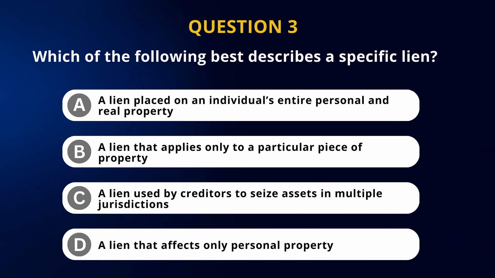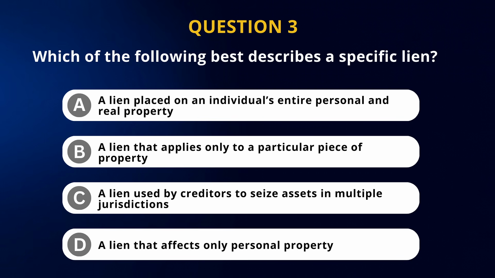Question number 3. Which of the following best describes a specific lien? Letter A, a lien placed on an individual's entire personal and real property. Letter B, a lien that applies only to a particular piece of property. Letter C, a lien used by creditors to seize assets in multiple jurisdictions.